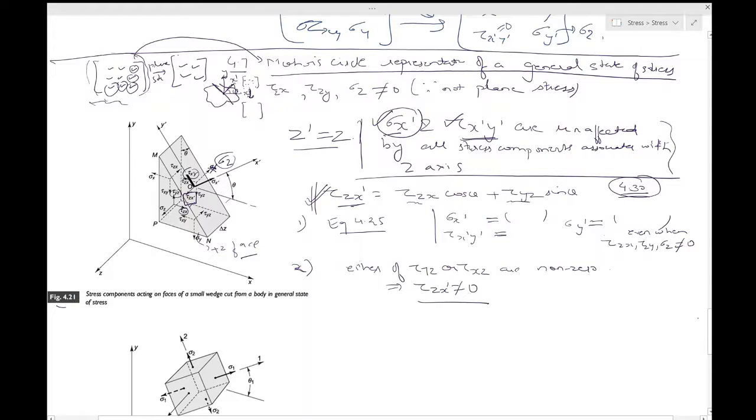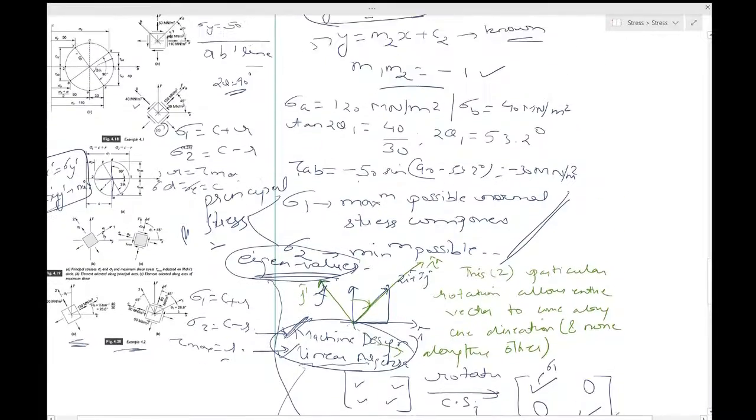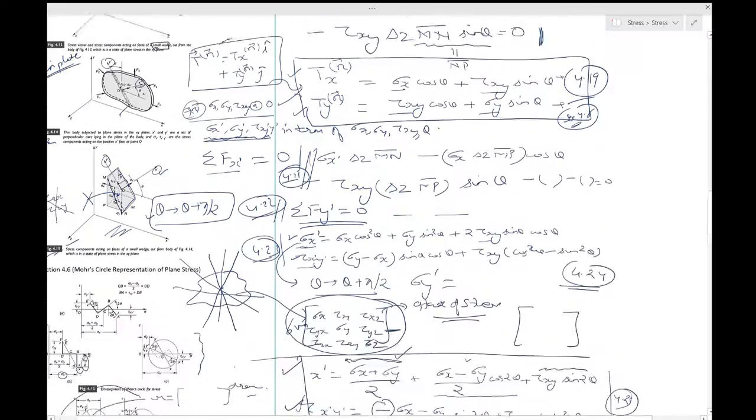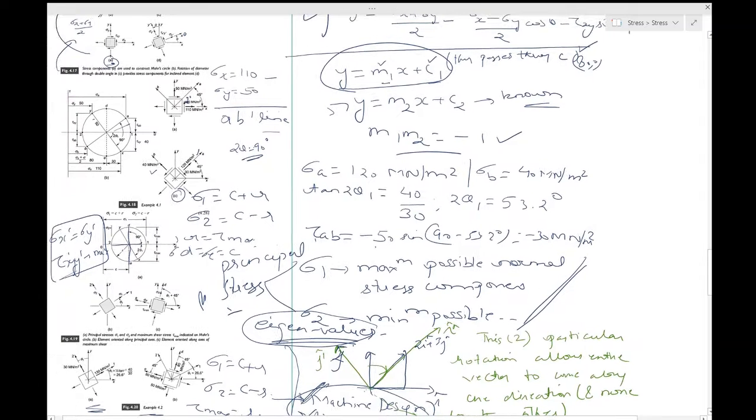In such a case, the 1-2 axis of figure 4.19, this one. First of all, how is this Mohr circle coming? The Mohr circle is coming because equation 4.25 was valid even when the other shear stress components, the z stress components, are non-zero.